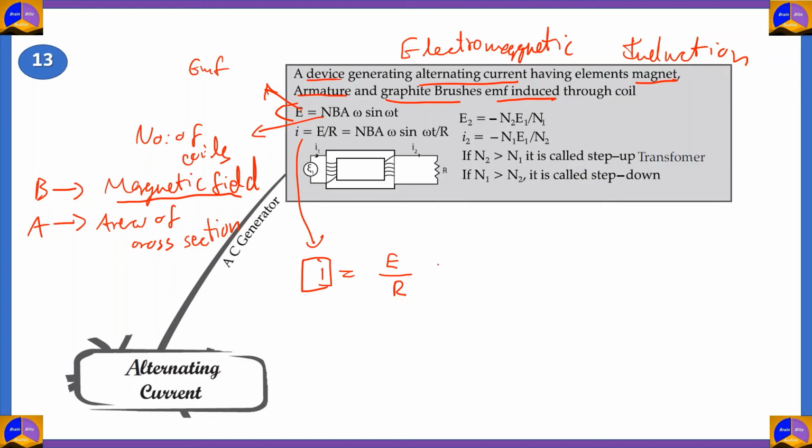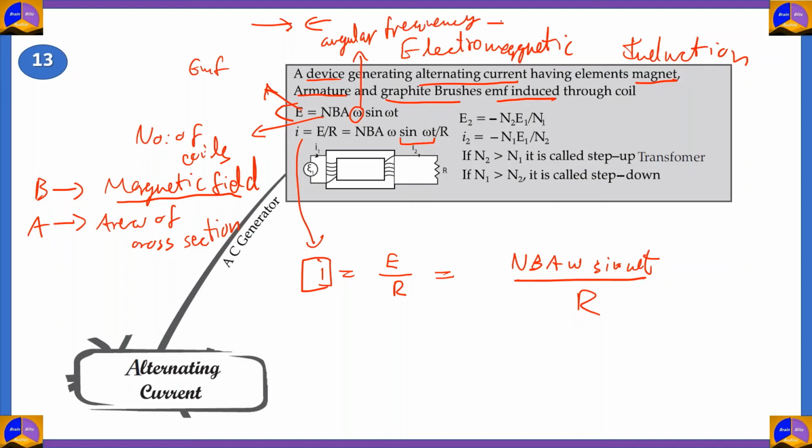So we use the value of E, that is NBA omega sine omega t, divided by R. Now, sine omega t refers to the nature of the alternating current because it has to change its direction every half period. And then we have omega, which represents angular frequency. That can be represented as 2 pi f, where f is the linear frequency.